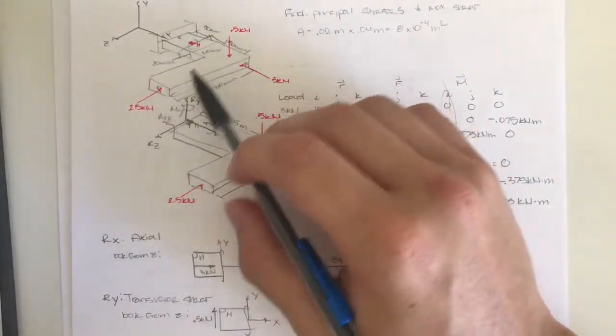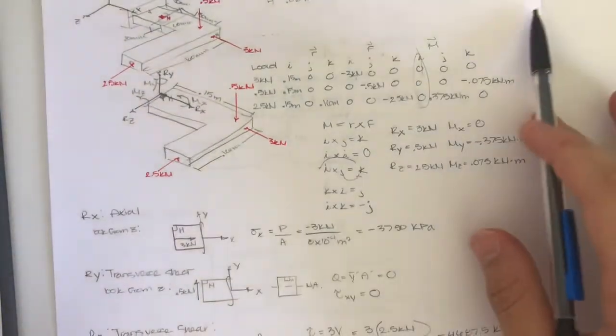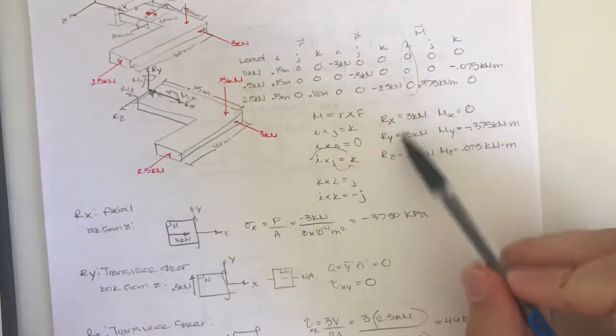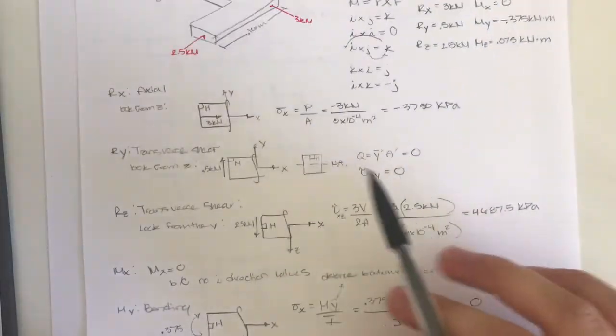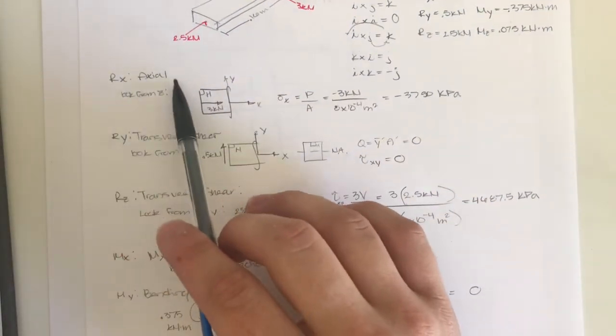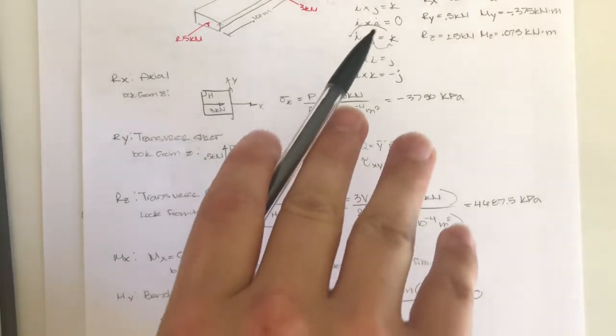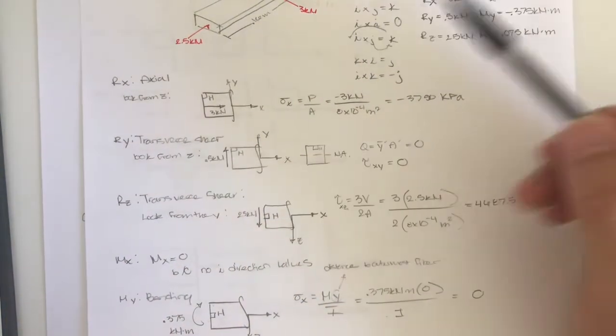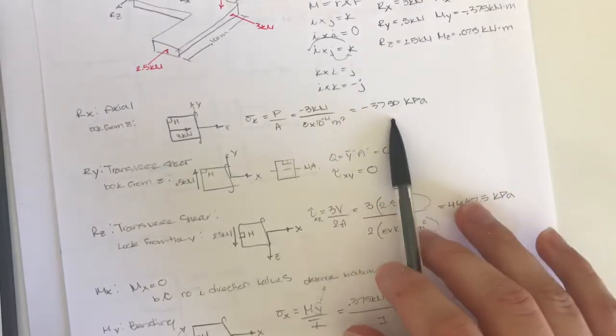So from these loadings right here, we solved for the position, force, and the moment, and we got these values. We found that the Rx was an axial load, so we had to look from the Z to solve for this compressive stress right here.